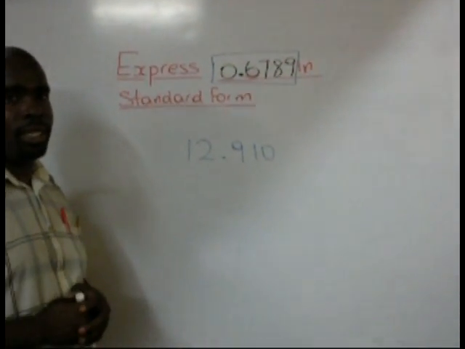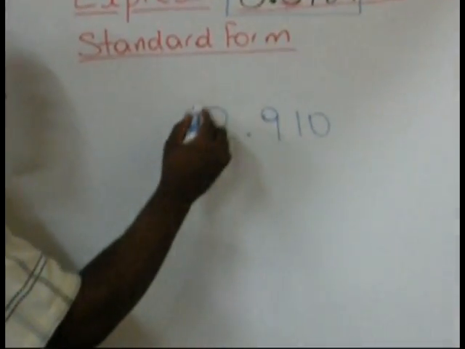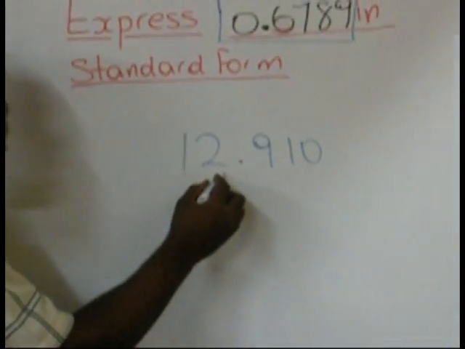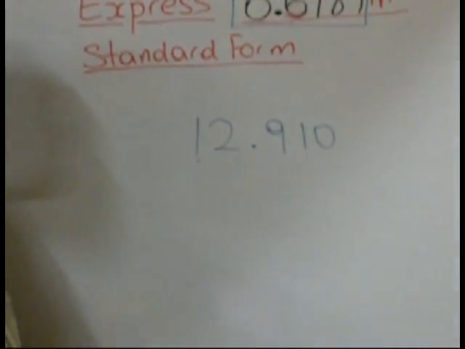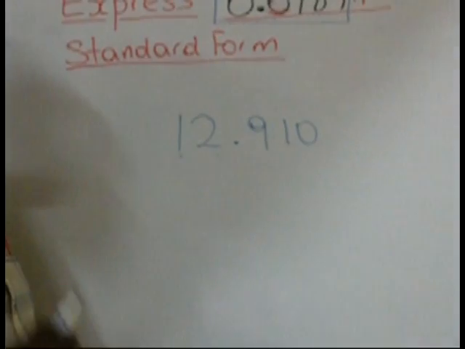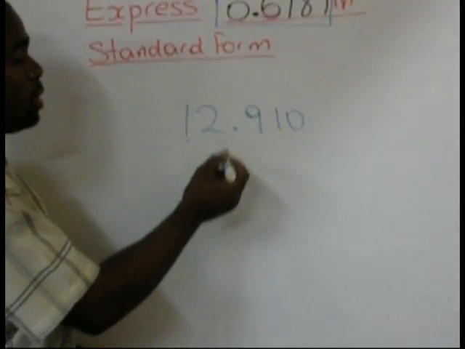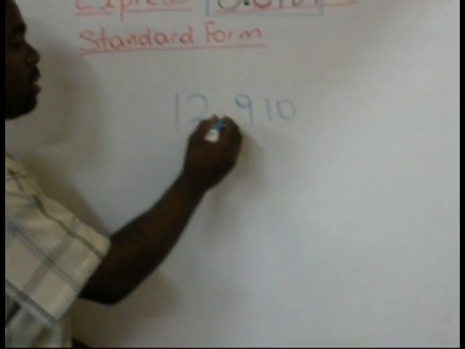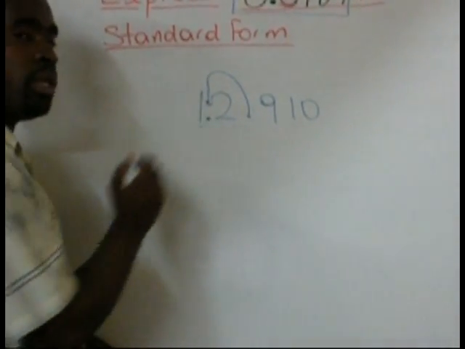How are we going to make it less than 10? Then we're going to move this decimal point 1 place between the first two non-zero digits. And what are the first two non-zero digits? 1 and 2. So therefore, we're going to move this marker in place 1 time. How many times have we moved it?